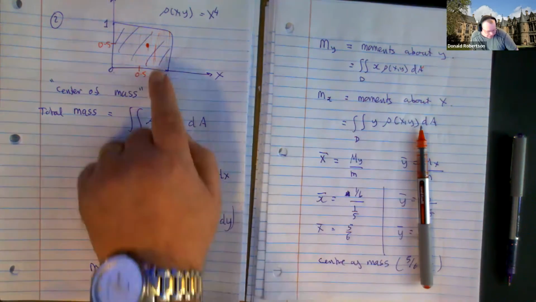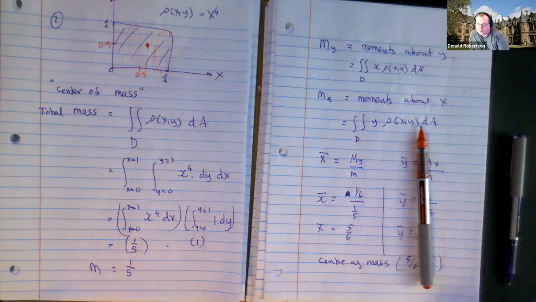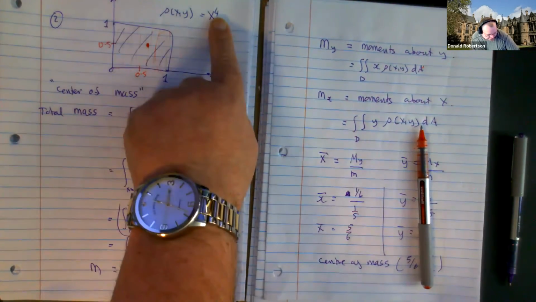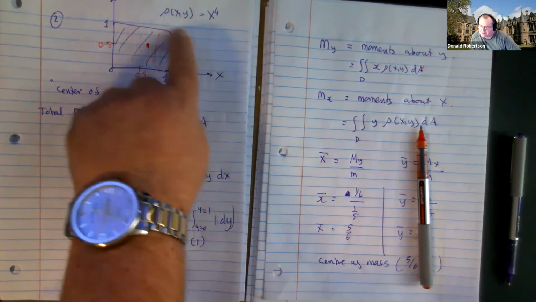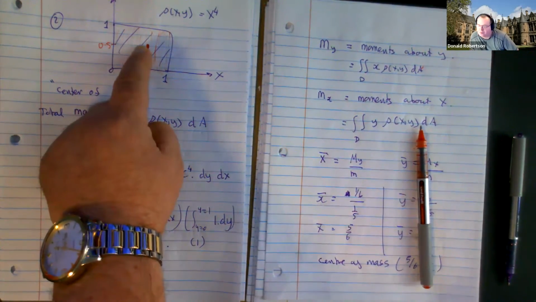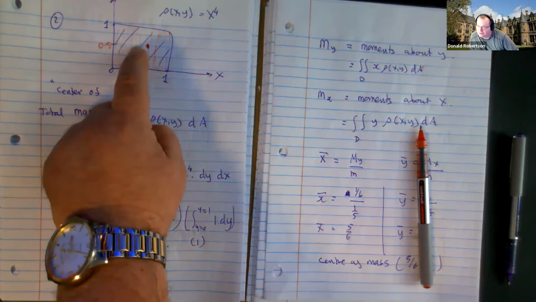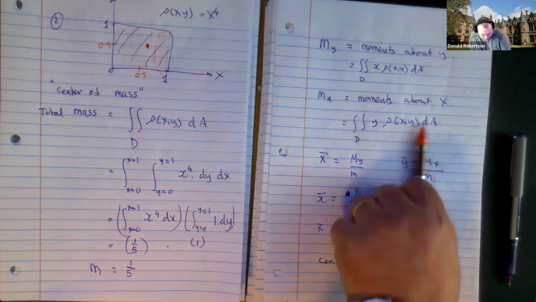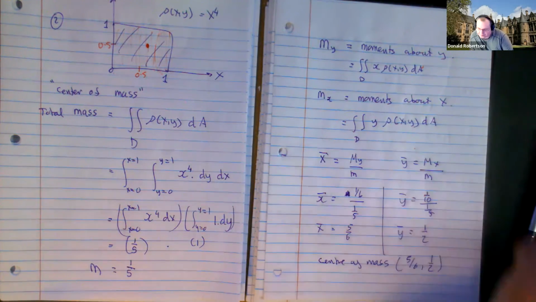And so that does make sense to me, that the center of mass would be a little bit off. Now, if the density function was just 5, right? In other words, everything weighed the same, wouldn't the center of mass be at 0.5, 0.5? Right at the center.